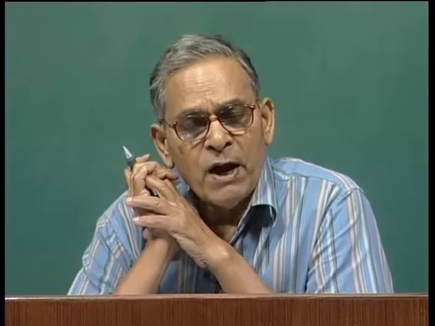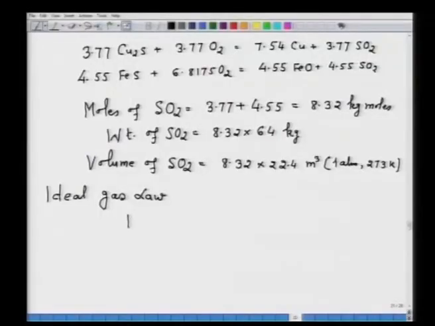Typically, pyrometallurgical extraction of metals involves a very high temperature, ranging from 1000 to as high as 1500 or 1600 degrees Celsius. So, the gases follow ideal gas behavior, that is PV equal to nRT. All of you know, not a very big thing I have told you.